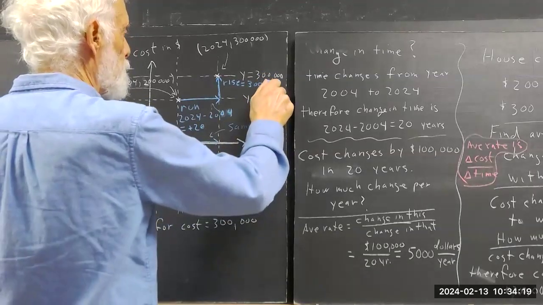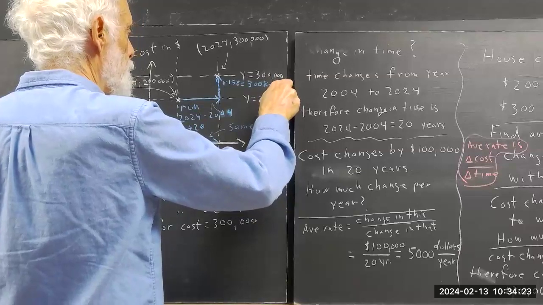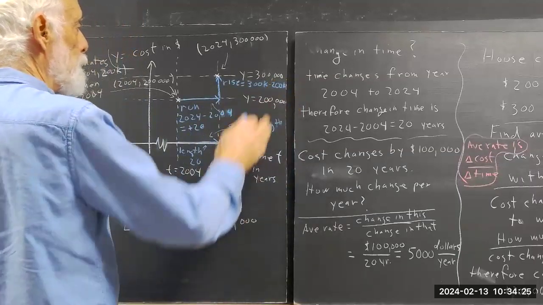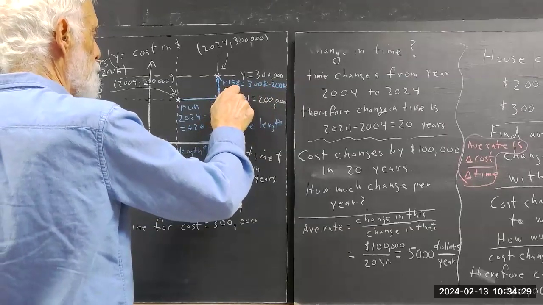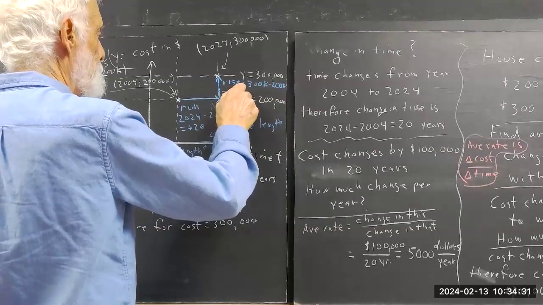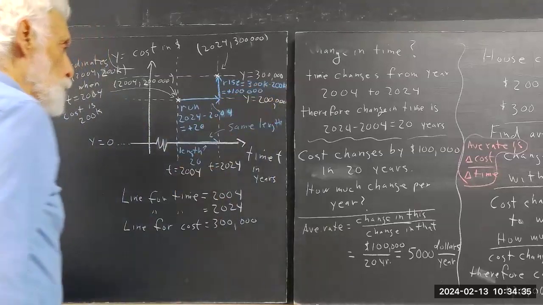It's 300,000 minus 200,000, that's squeezed in a little bit, but I think we understand that. Equals plus 100,000.